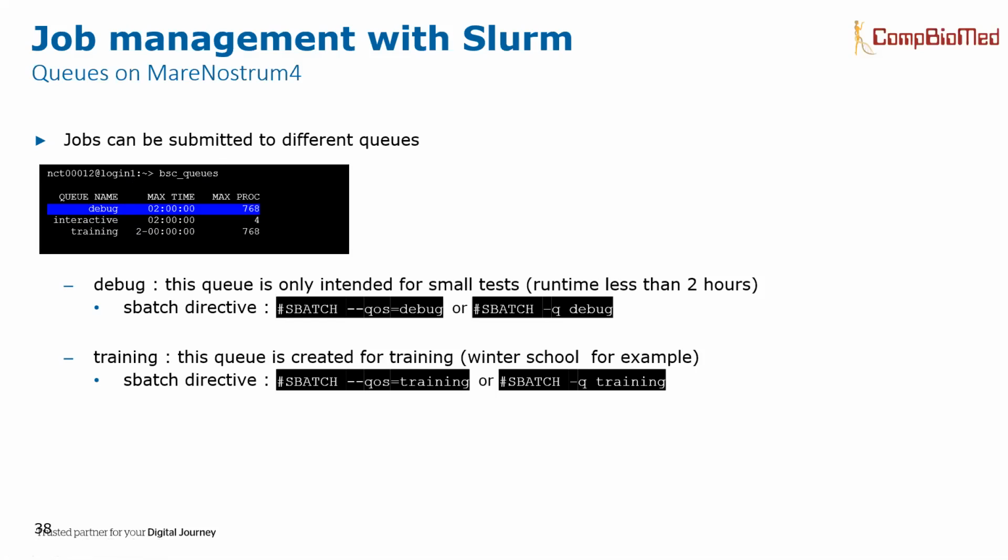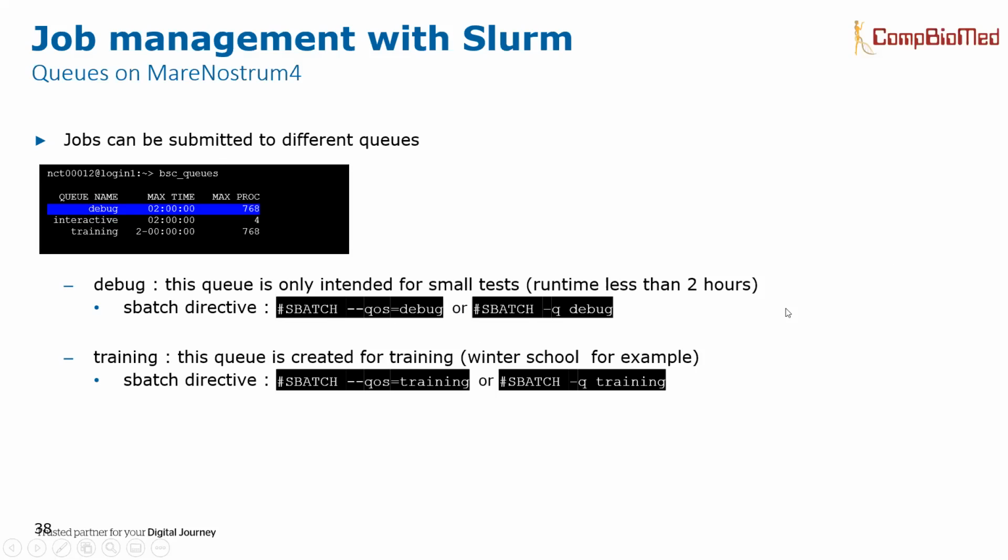For this training, it should look something like this. You can address the different queues by using these commands and options in your script, with dash dash qos equals the queue name.